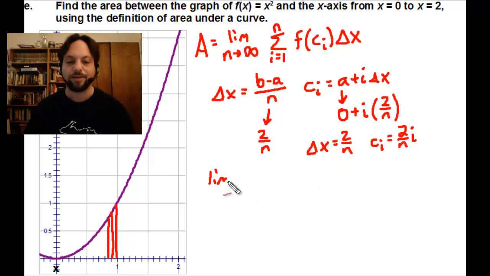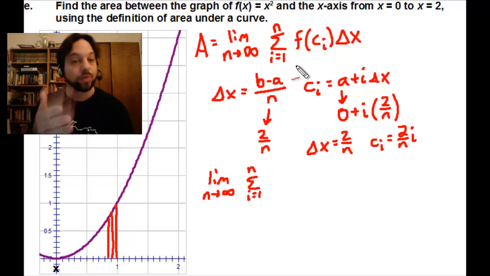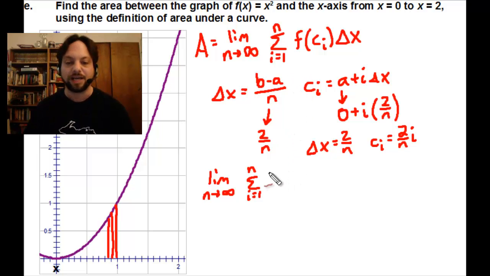Now we can take these and put them into the summation formula. What we'll have is the limit as n approaches infinity, sigma from i equals 1 to n, f of c sub i. Well, remember that f of x is x squared. So what is f of c sub i? That's simply going to be c sub i squared. So I'll write (2 over n times i), but we're going to square that.